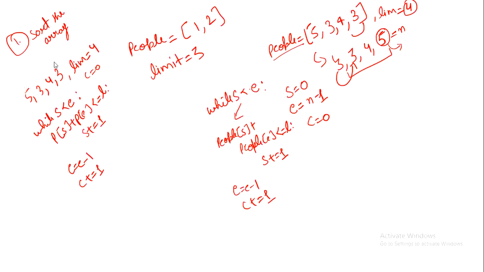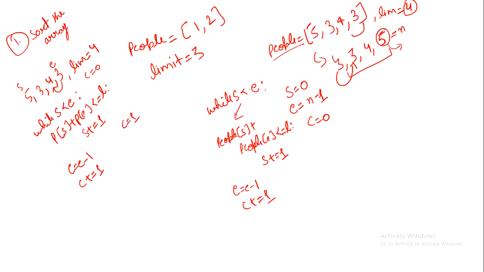Right now s is here and e is here. So 5 plus 3, that is 8. Is 8 less than or equal to 4? No. So what will happen? e will be decremented and will move to 4. Also the value of count is now 1.